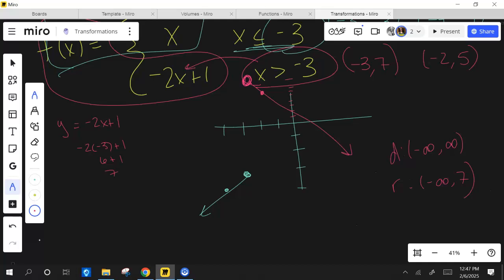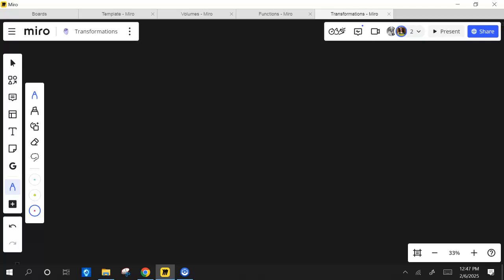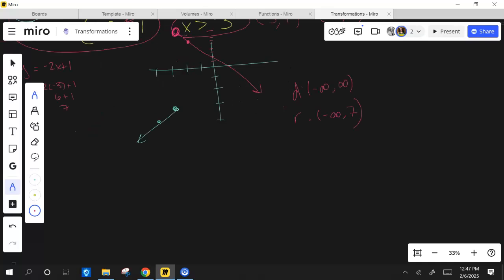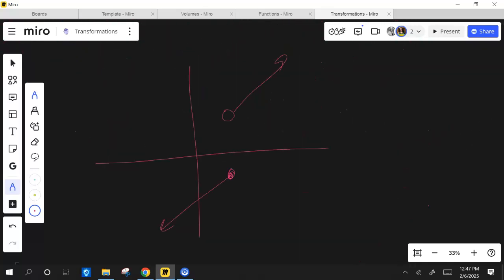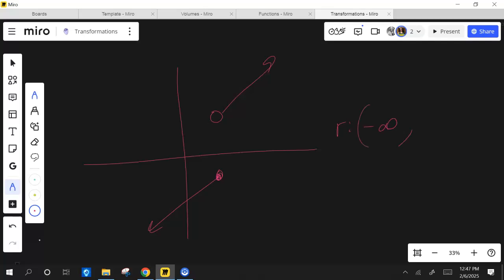It could be. That would be right. If you had something that did this, the range here would be negative infinity, but it stops right here.